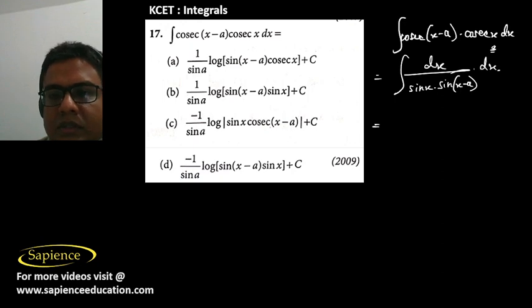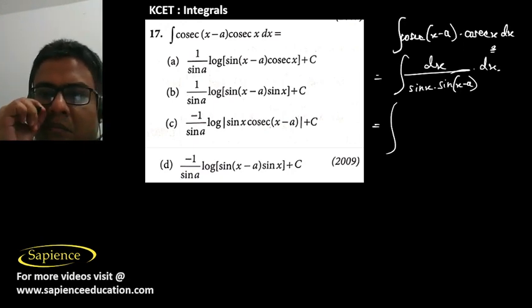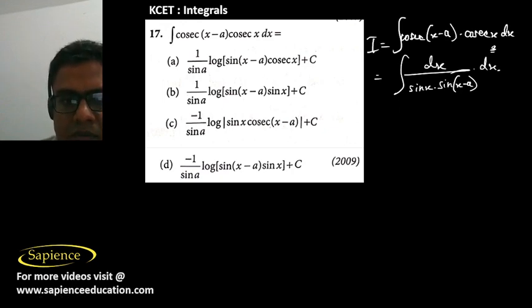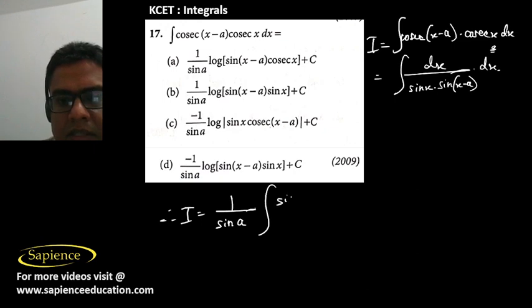Here we can multiply and divide by sine a, and sine a I can write as sine of x minus of x minus a.